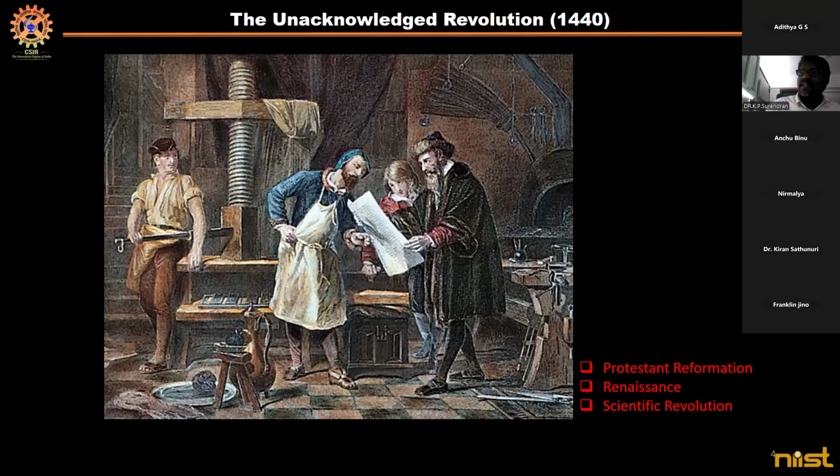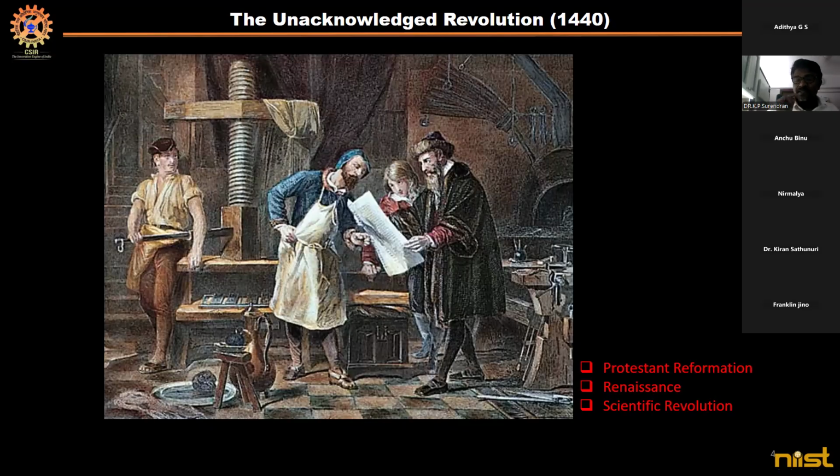So he printed each and every letter of the German alphabet, and using that technique, he printed the most influential book of that time. That is nothing but the Holy Bible, and that book is still available in that university.